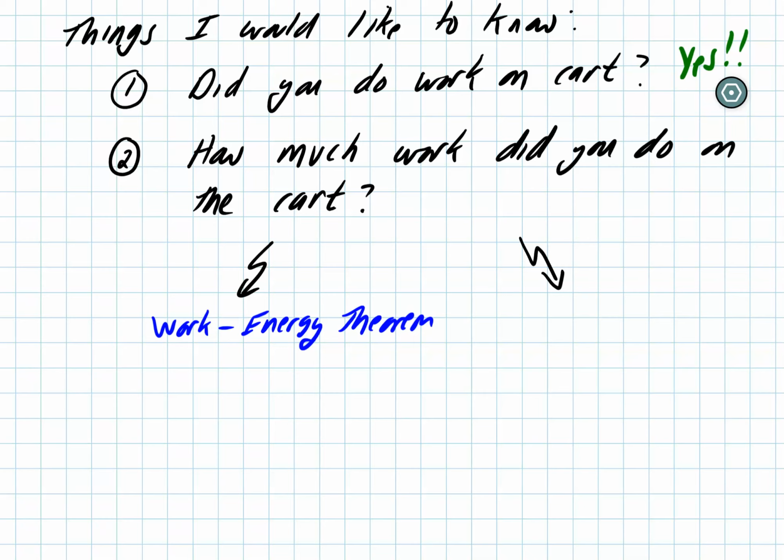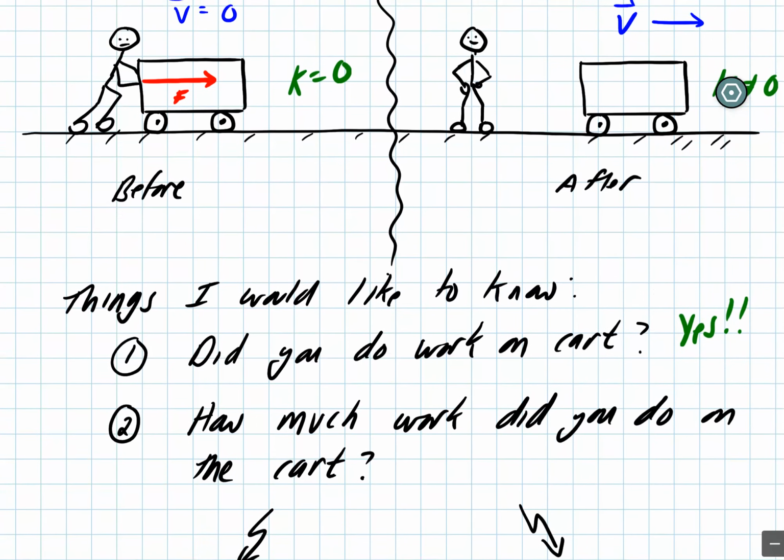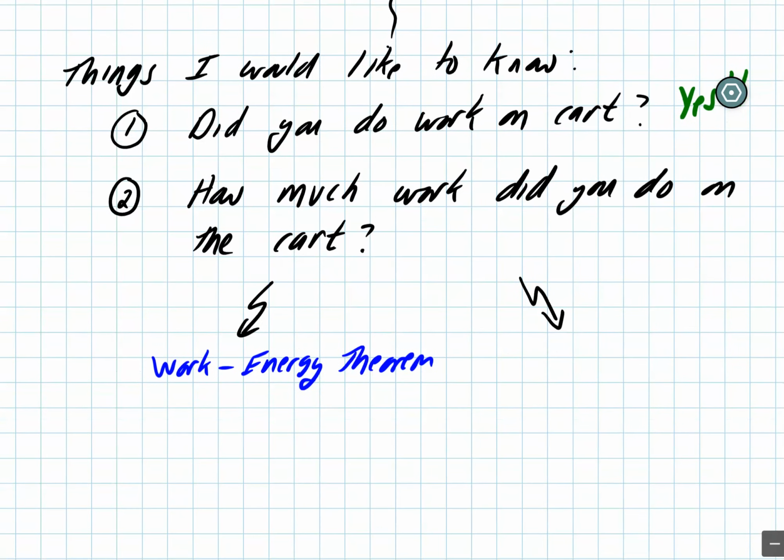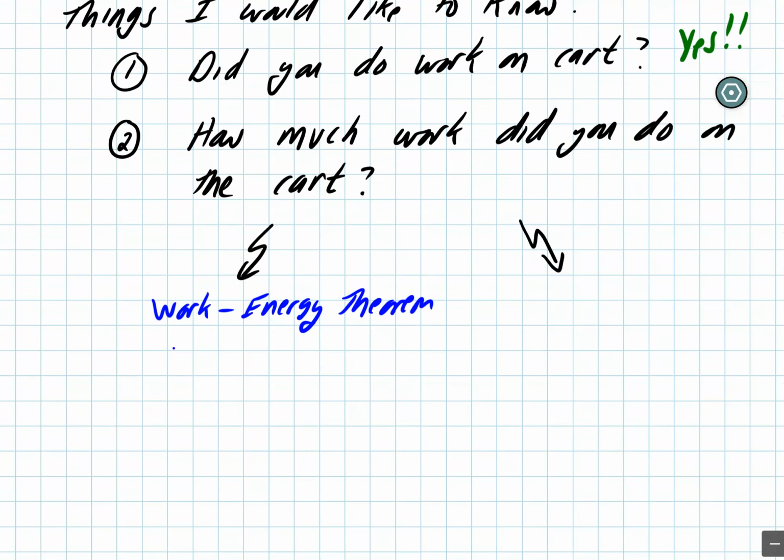Let's just suppose at the end of your push, you happen to know that this thing had 300 joules of kinetic energy due to its motion, and here at the beginning, it had 0 joules. How much work did you do? Well, the work energy theorem tells us that the work you do is equal to the change in energy of the system upon which you did the work.